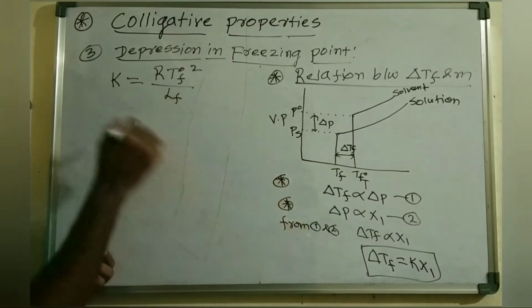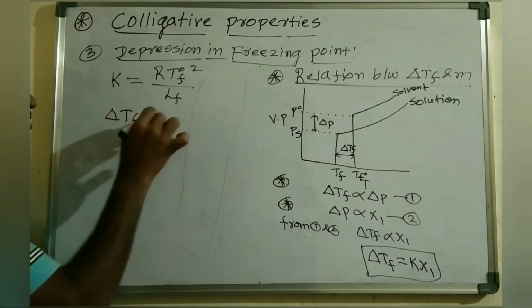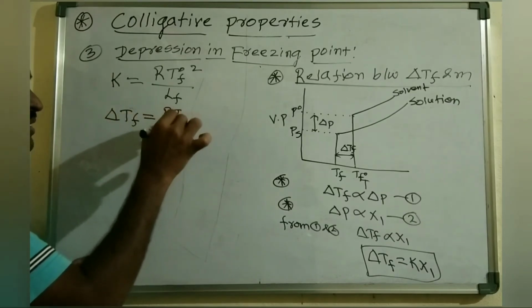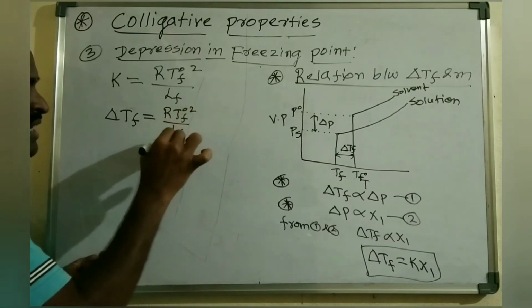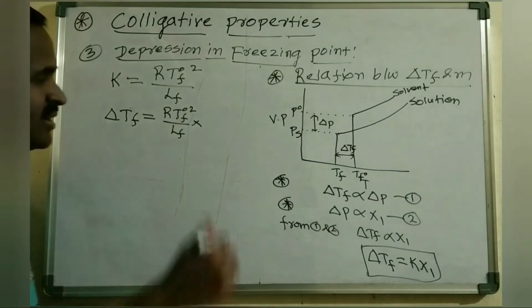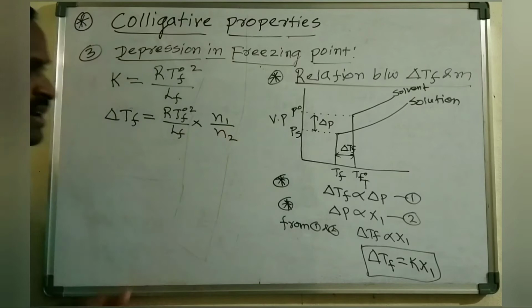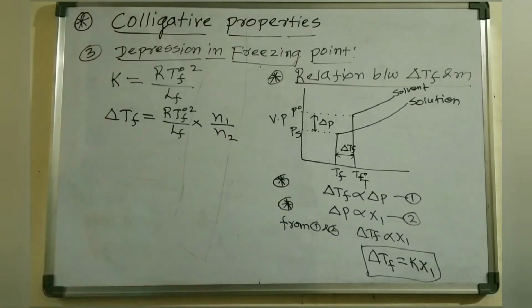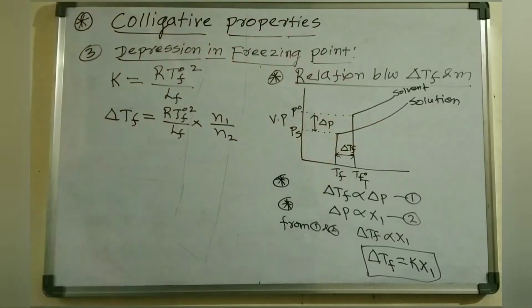If you substitute this in the above equation, you will get delta TF equals R TF naught square divided by LF, into x1, the mole fraction of solute. We write only n1 by n2, not n1 in the denominator, because all these colligative properties are applicable only for a dilute solution.